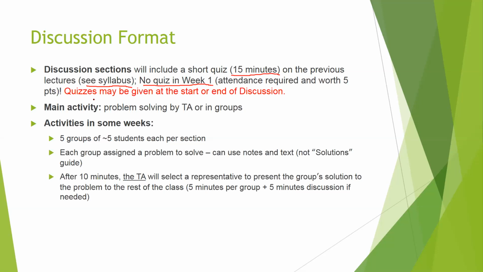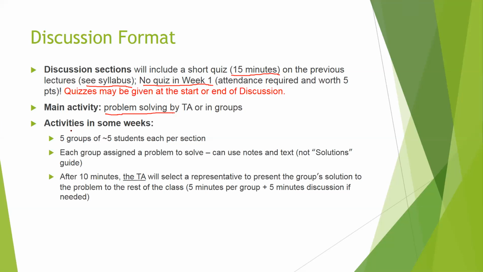And for the quiz, the TA will decide whether it is given at the start or at the end of the discussion. This is up to Lei. For discussion, the main activity will be problem solving led by a TA.